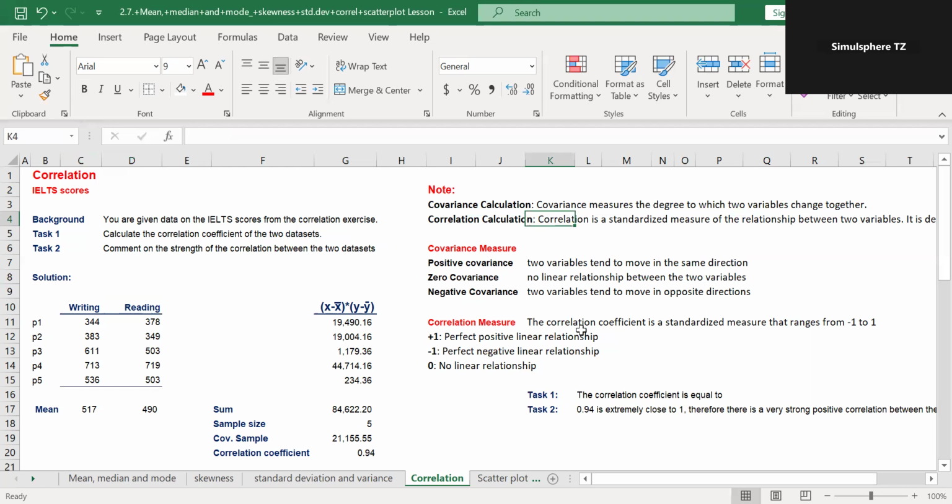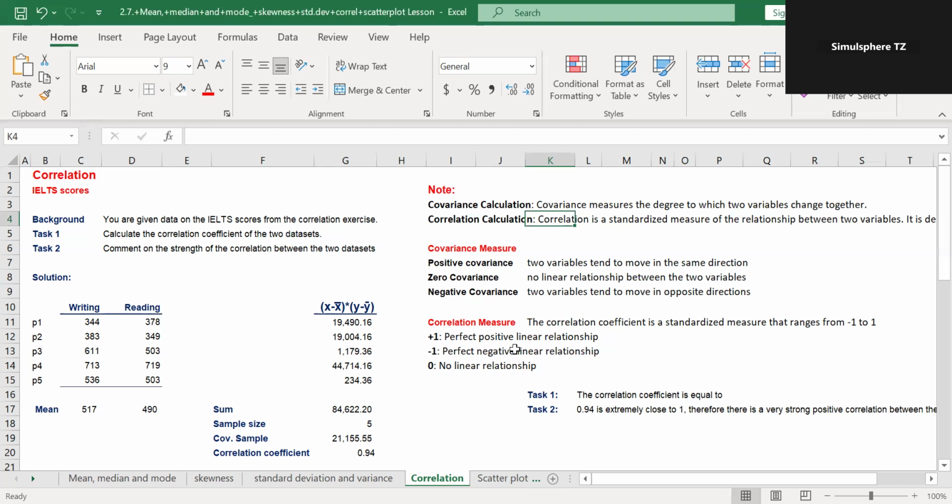Correlation is a standard measurement that ranges between -1 and 1. So if we have a positive number, it means we tend to have a positive linear relationship. If we have a negative number, from -1 below, then we tend to have a negative linear relationship.